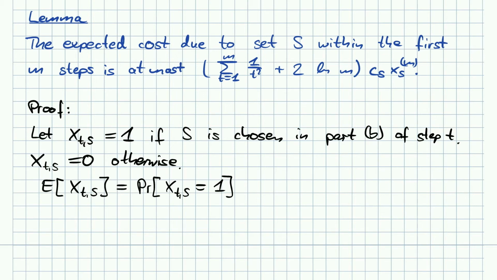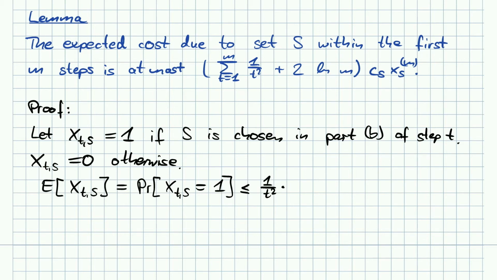Well, what has to happen for this? On the one hand, we'll have to end up in part B, and then also we'll have to choose this set. What's the probability that we end up in this part? It is 1 over t squared. This is what we've just shown in our lemma.